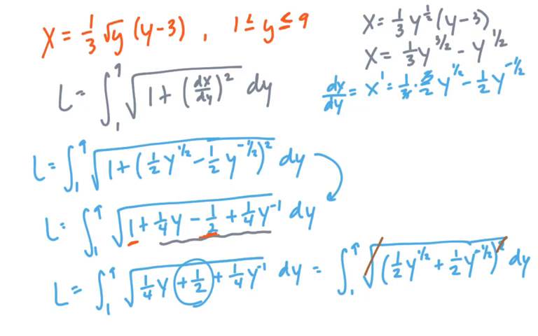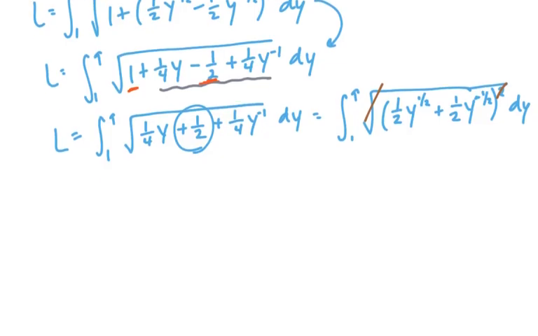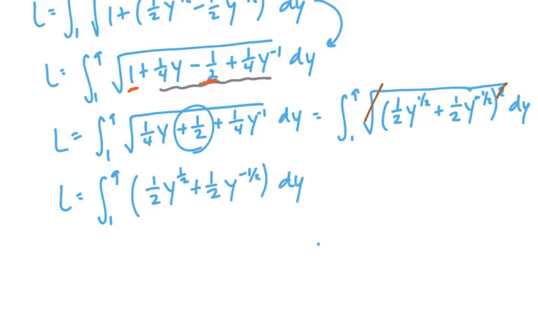So now we have L equals the integration from 1 to 9. The square root is gone. So we have 1/2 y to the 1/2 plus 1/2 y to the minus 1/2 with respect to y. So we can integrate normal integration.